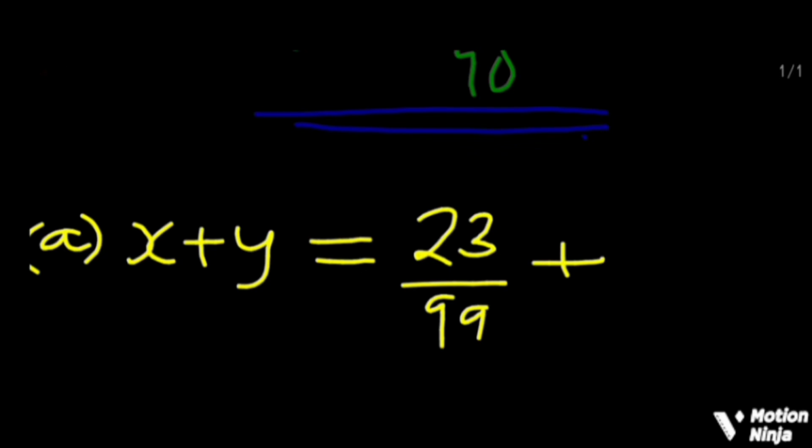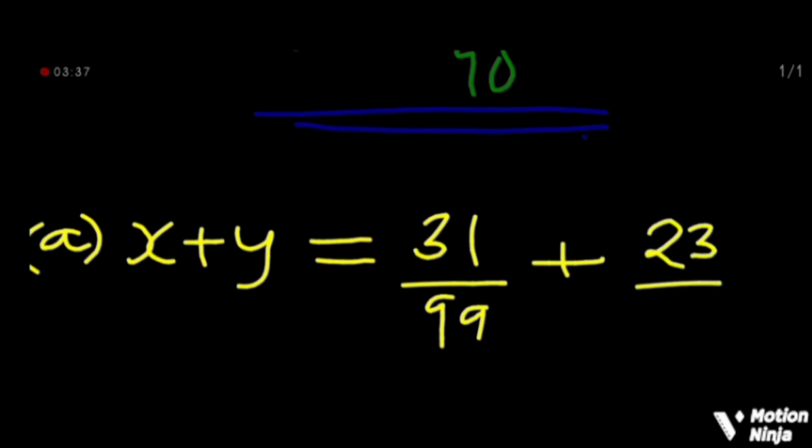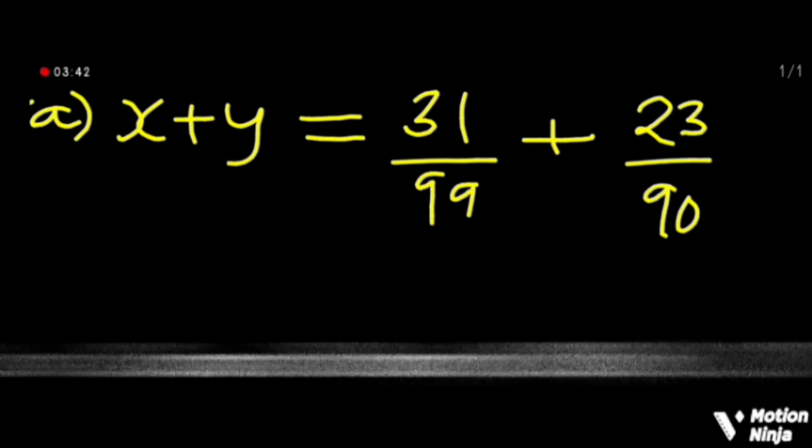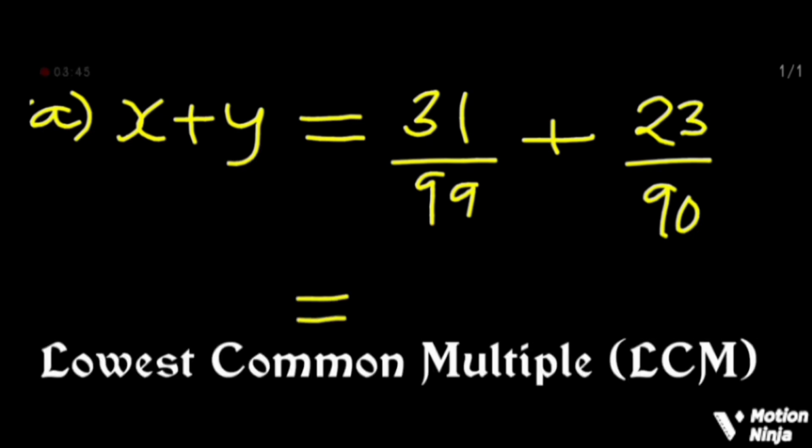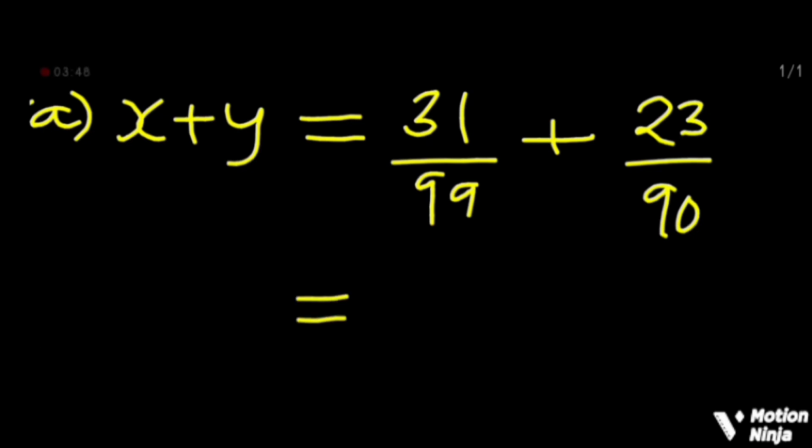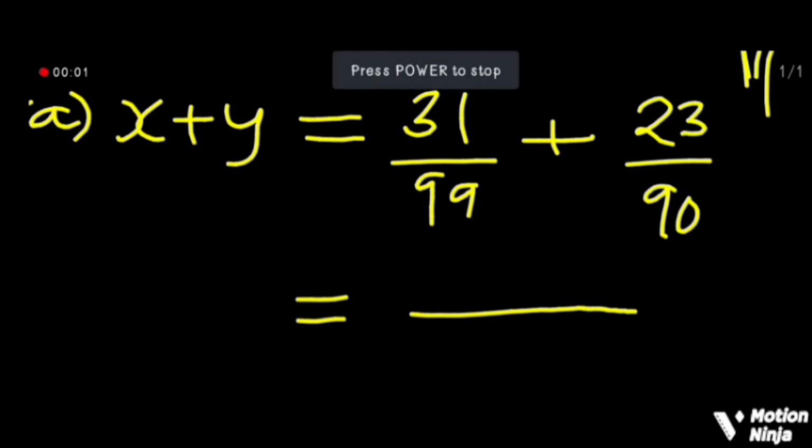No, sorry, this is not 23 because it is 31. So here is 31 over 99, and our y is 23 over 90. Again, we'll be adding two fractions. We have to find the LCM of the denominators, the lowest common multiple between the two denominators.